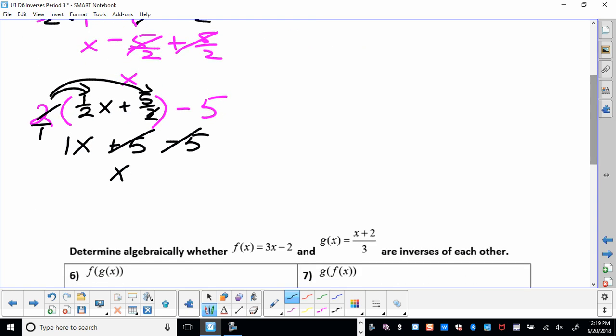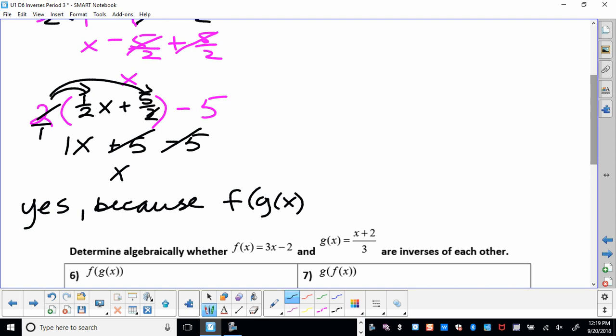And I could write that out as a sentence. I'll say yes, because f of g of x equals g of f of x, which equals x.